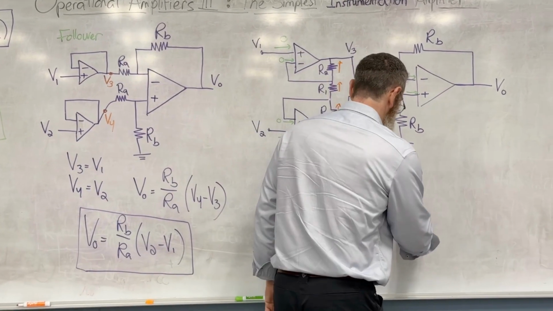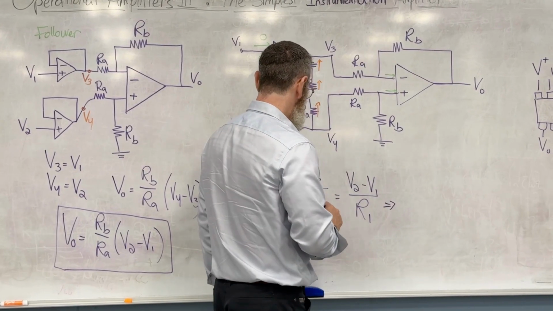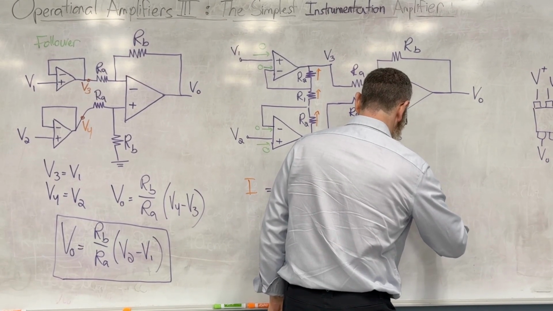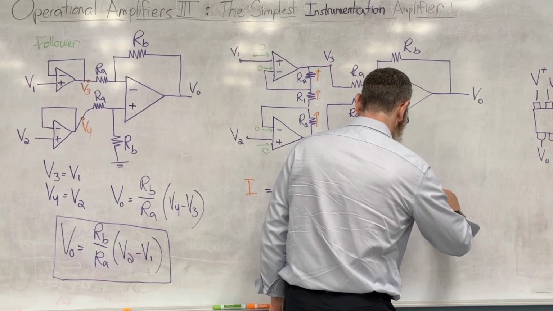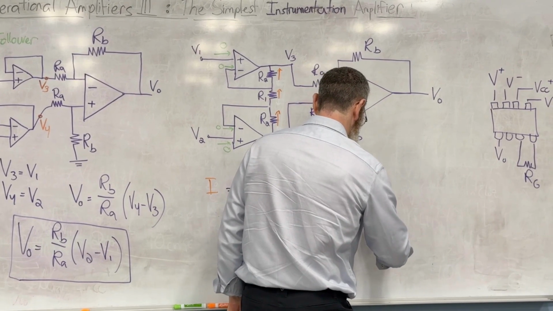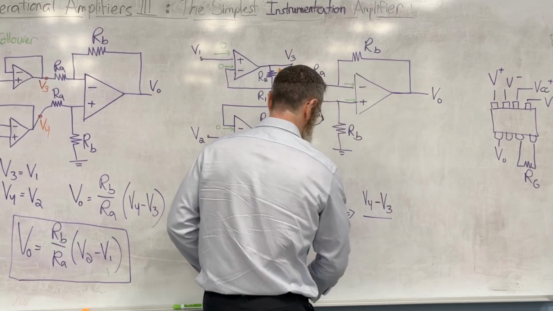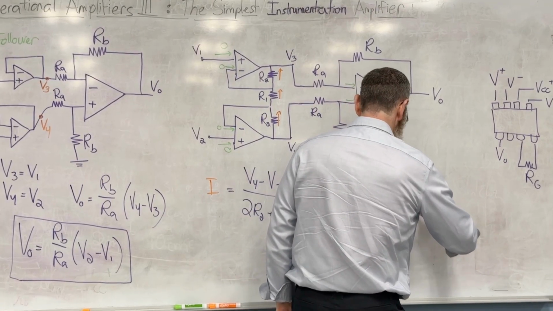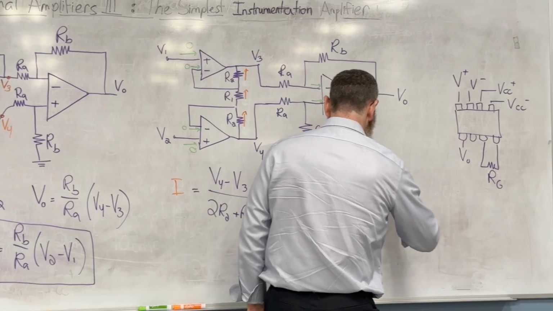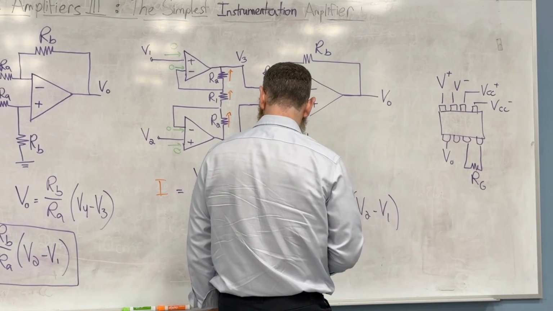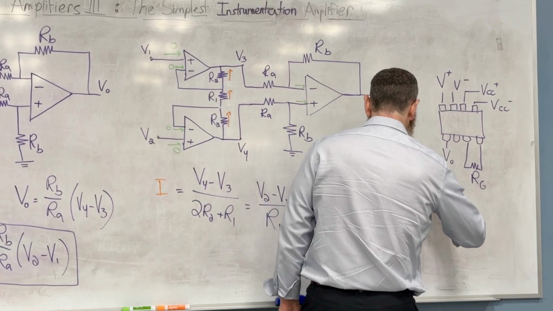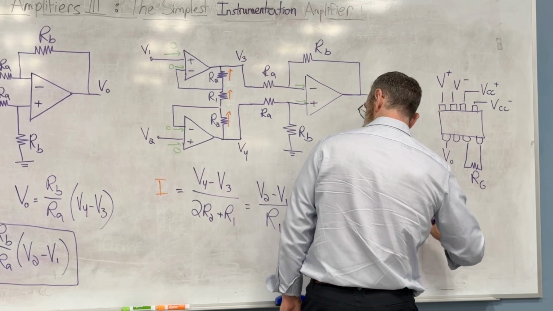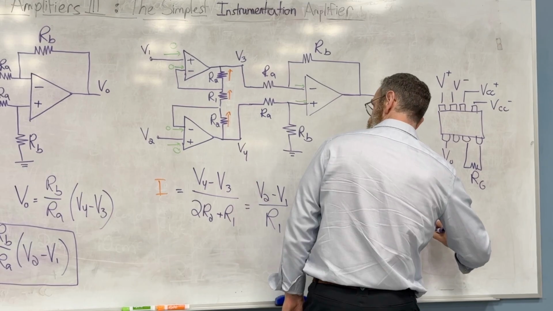Now, when I rearrange these, I can actually say that V4 minus V3 over, oh, let's do it this way, is equal to V2 minus V1 times 2R sub 2 plus R1 over R sub 1.